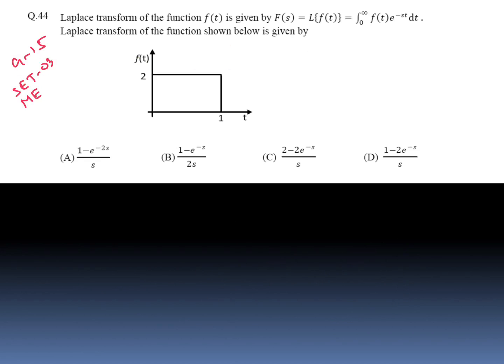Laplace transform of function f of t is given by capital F of s, which equals the integral from 0 to infinity of f of t e to the power minus st dt. Then it's a unit step function. I will discuss this theory part later; directly I am solving. We have to calculate Laplace of f of t.